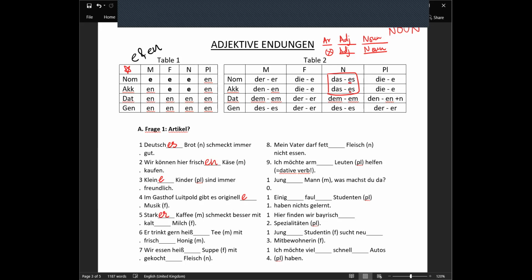But when I go to the next part of the sentence, I notice that there is a prepositional object that is being followed by a dative preposition, which means this feminine noun will need to be dative feminine, for which the ending is again er.